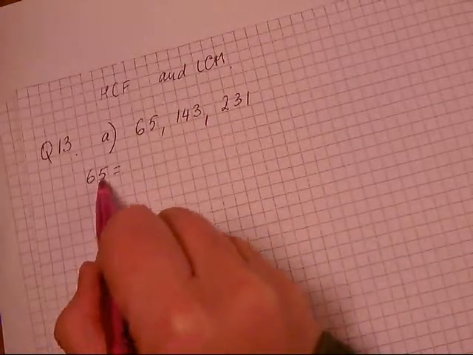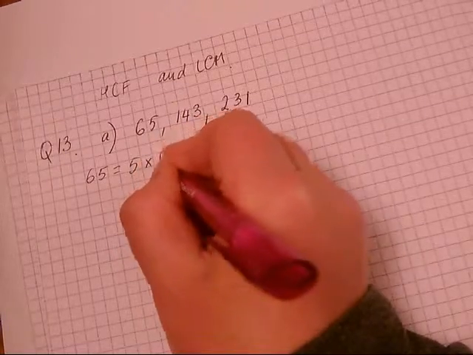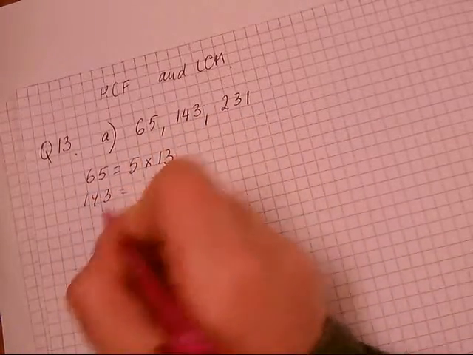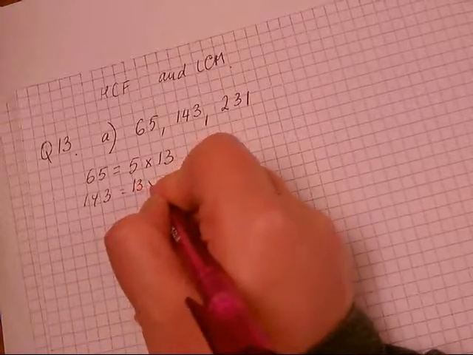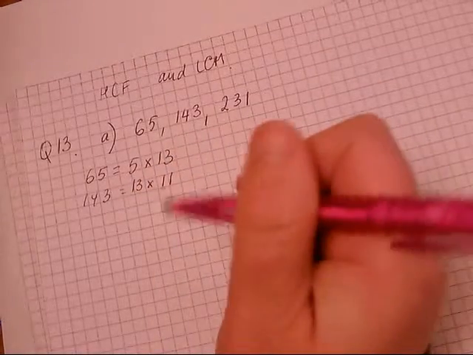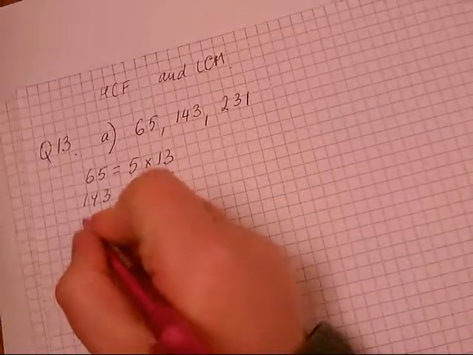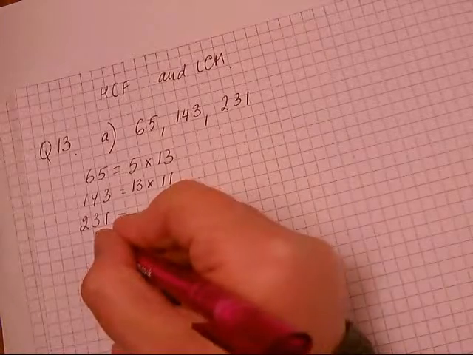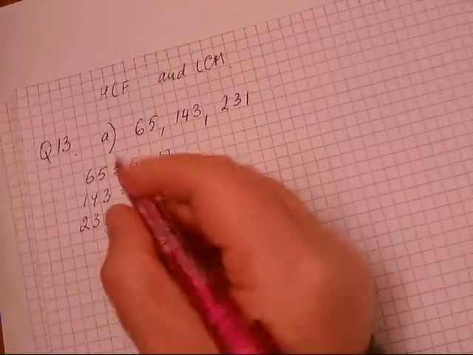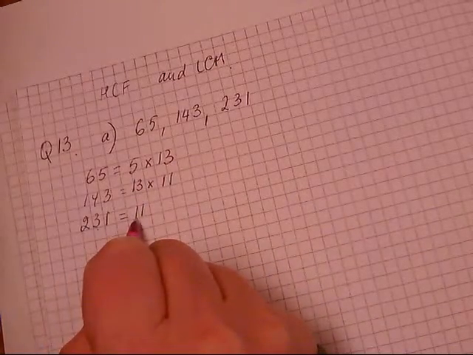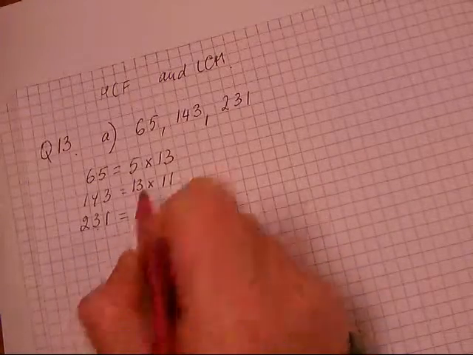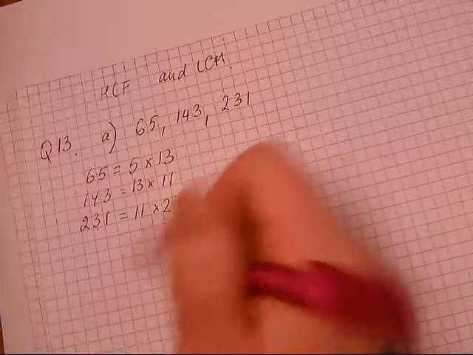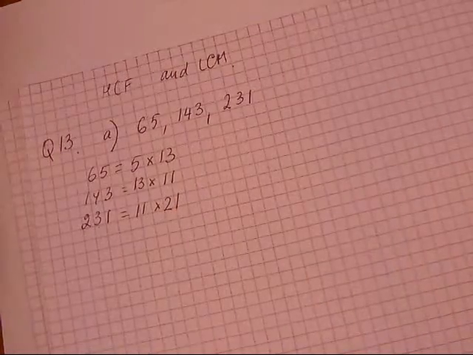65 is 5 times 13, you can check. 143 is divisible by 13, and it is 13 times 11, again you can check, that's right. And 231, as far as I see, is divisible by 11, because if you divide 23 by 11 you get 2, and then 21.